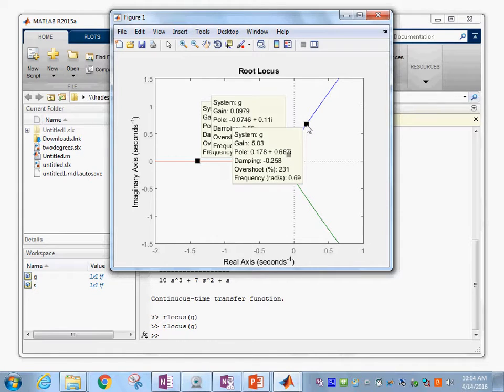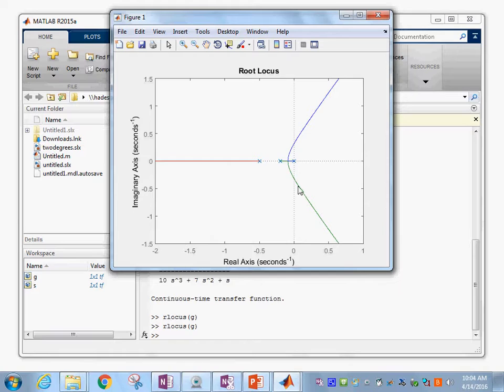See, with this kind of gain, you have problems. But you can study the system by using this root locus. So the root locus plot is a very useful thing. So I'm going to stop this video here, the objective of which was to show you how to get the root locus plot.